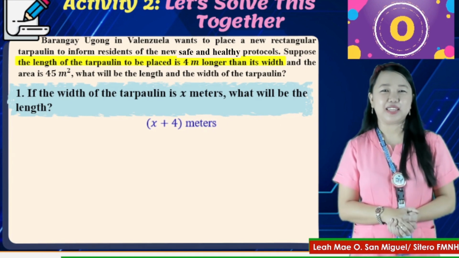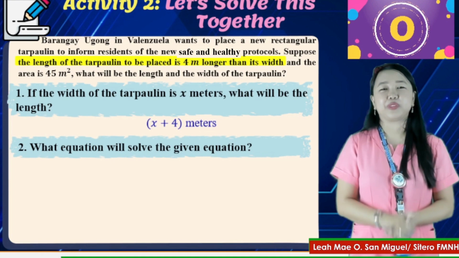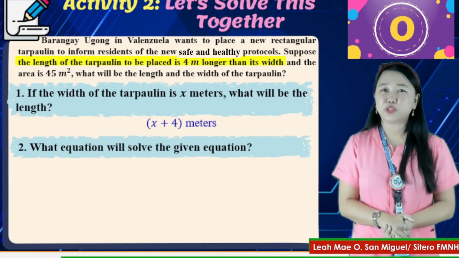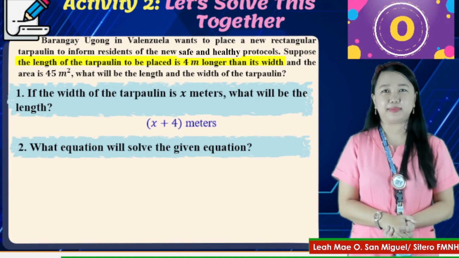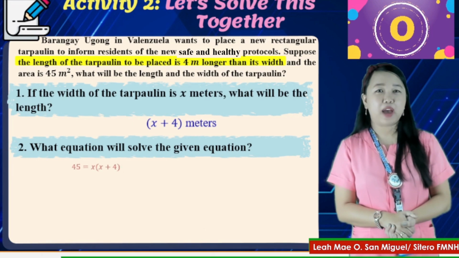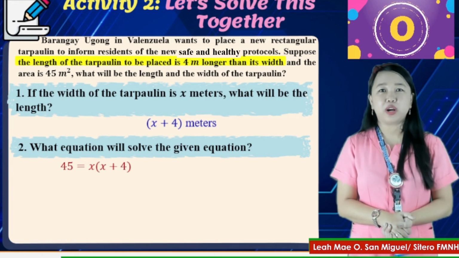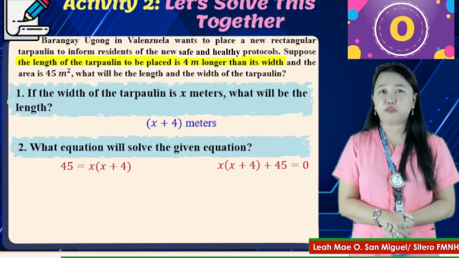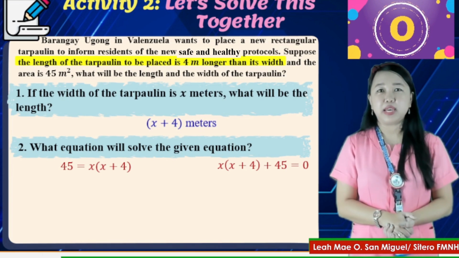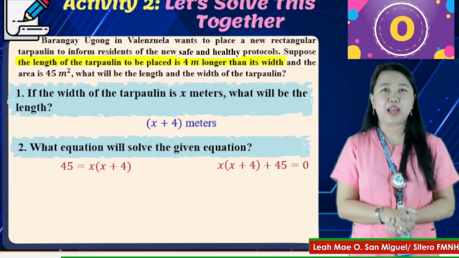Excellent! Question number 2. What equation will solve the given problem? Is it 45 is equal to x times x plus 4? Or x times x plus 4 plus 45 is equal to 0? You have 10 seconds to comment your answer.